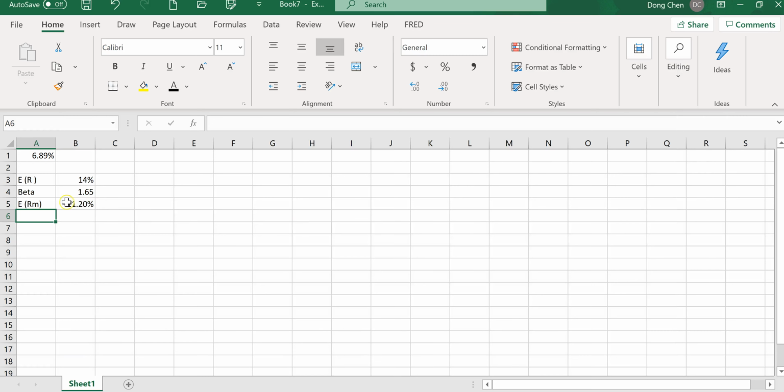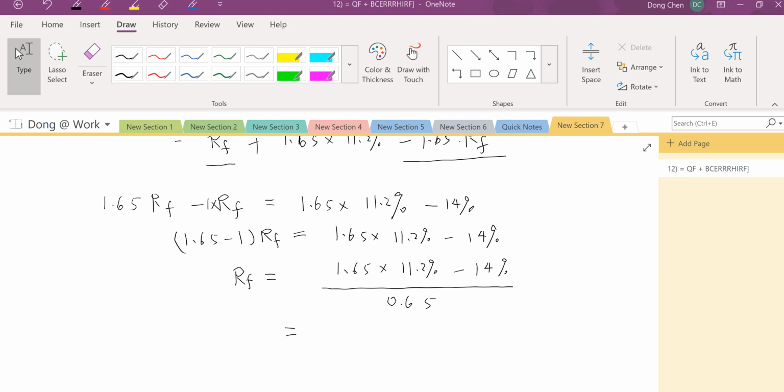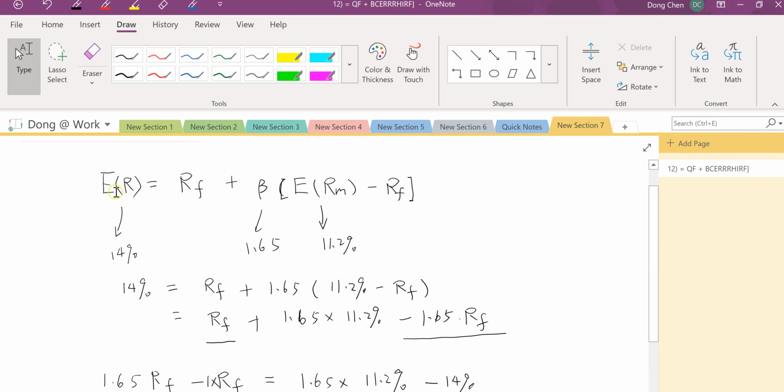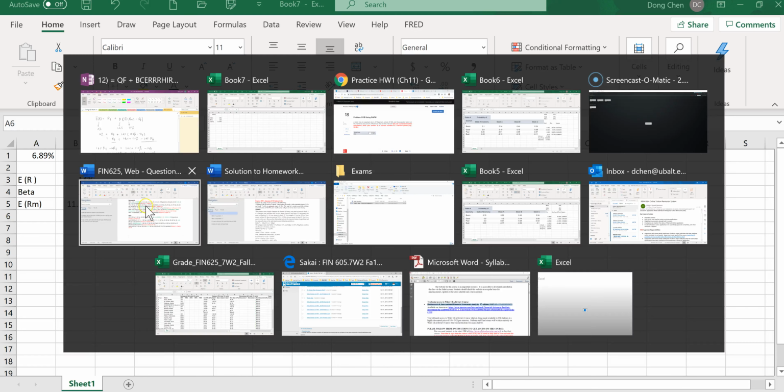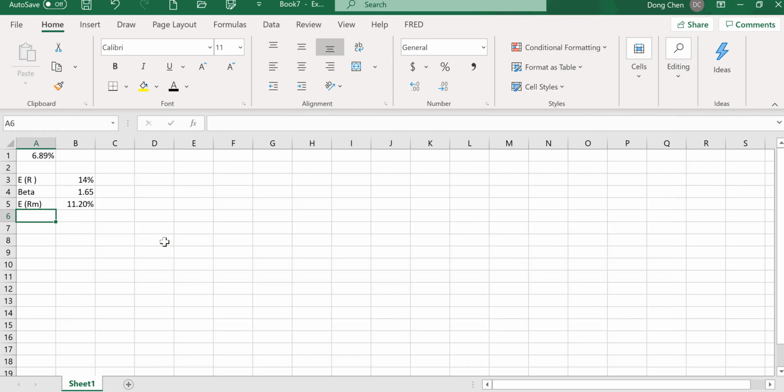So we know the relationship between ER, RF, beta, and ERM, as in the CAPM. Now suppose we don't know RF, and let's assume it's 5%. With 5%, my expected return, let's call this EA, because it's assumed.